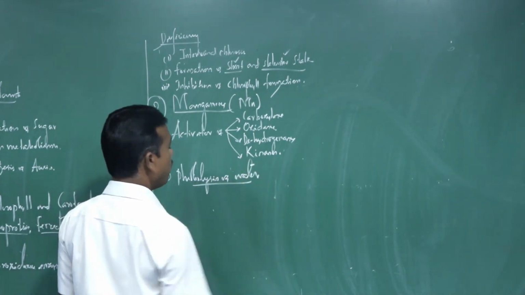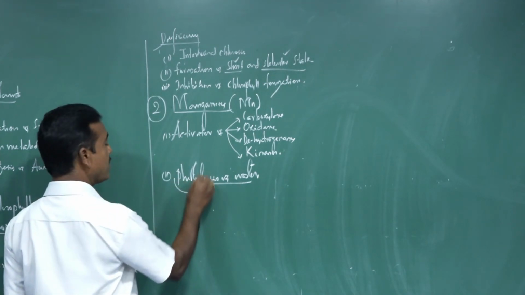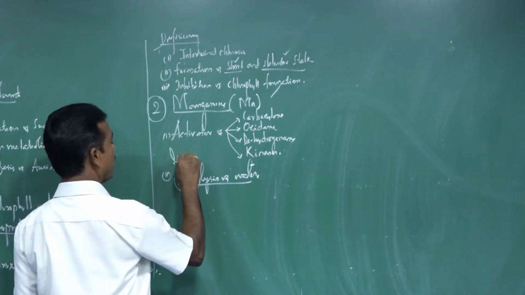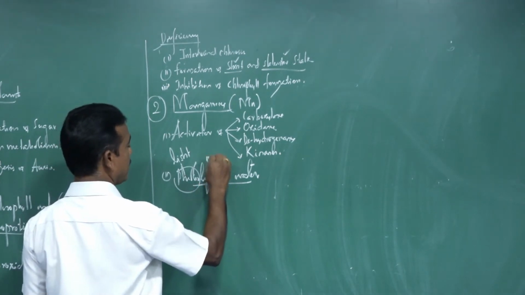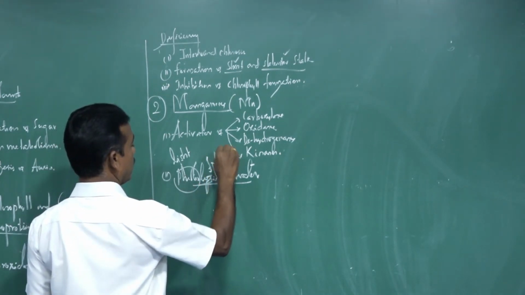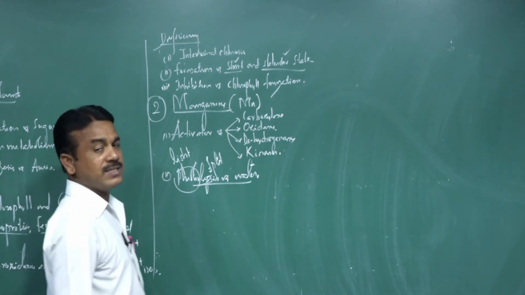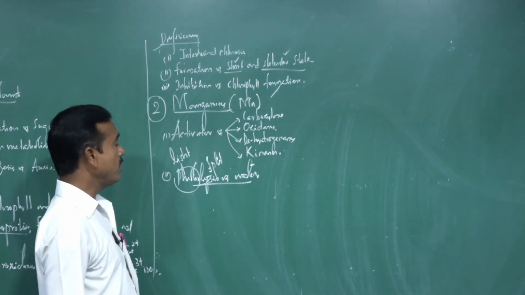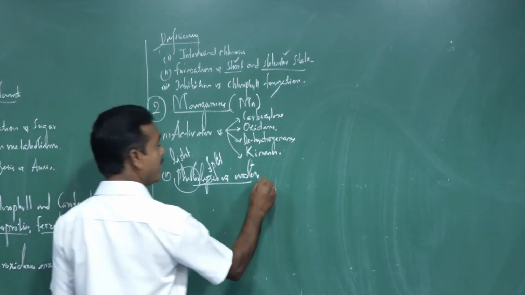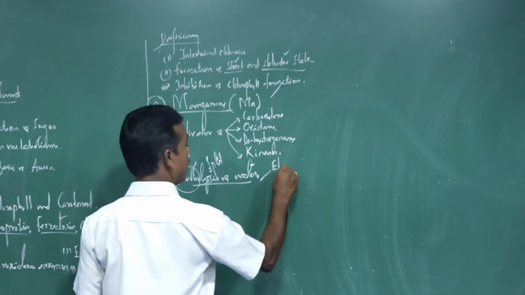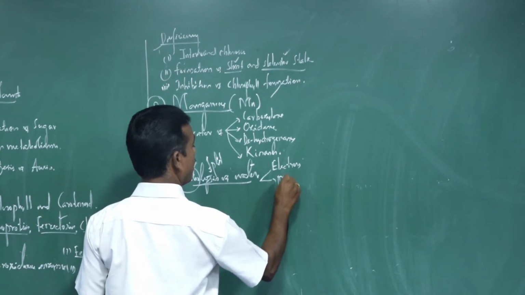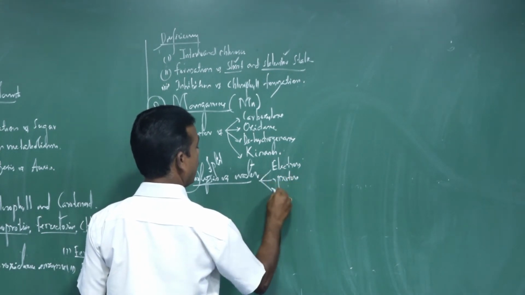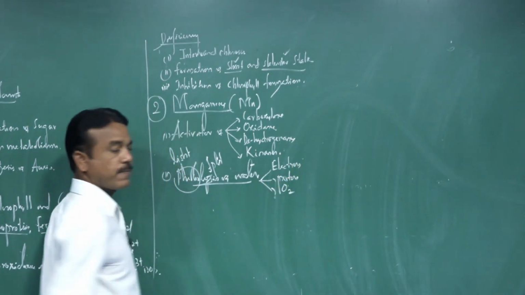So what is the meaning of photolysis? Photo means light. Lysis means split. So with the help of manganese, the water molecule is split, releasing electron, proton, and oxygen.